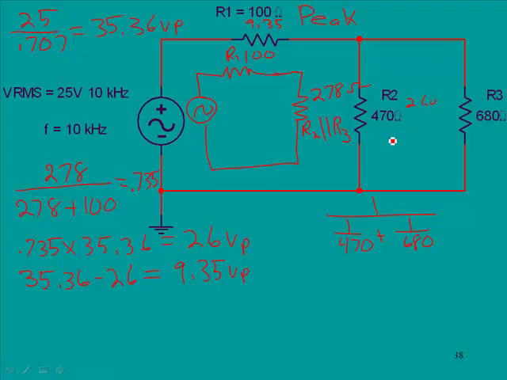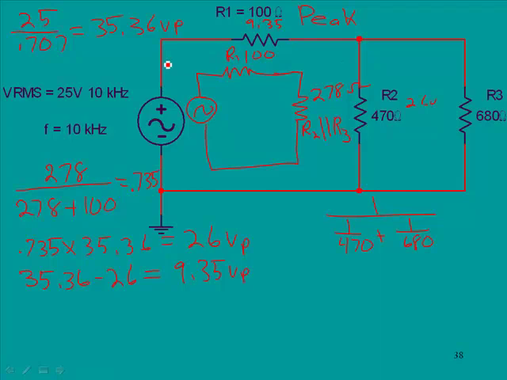So then we need to calculate the current drops. We now know we have 26 volts across this component, and we could calculate the current by simply taking 26 volts across 278, and we would know the total current. In fact, that would give us the total current through here, and through here as well.